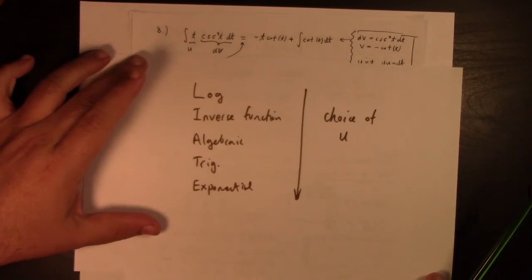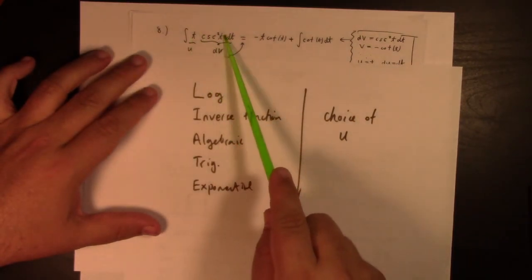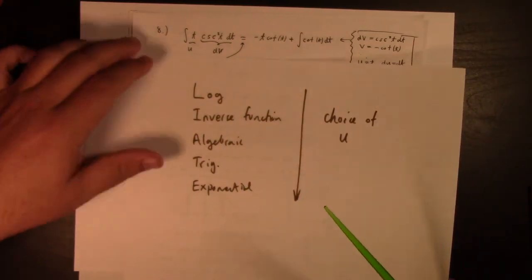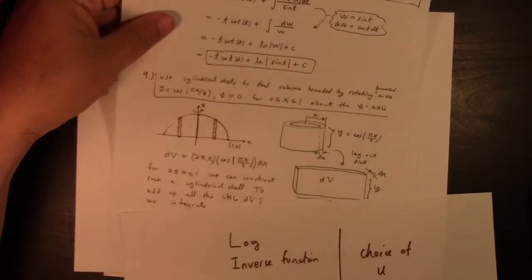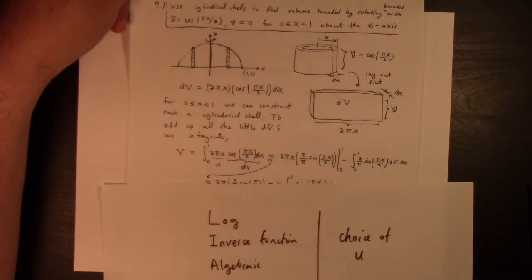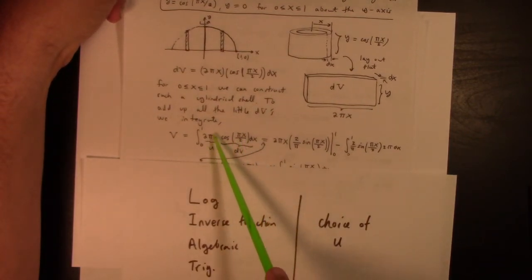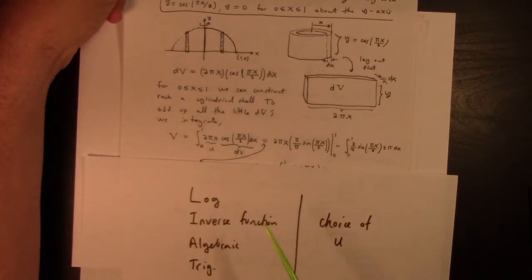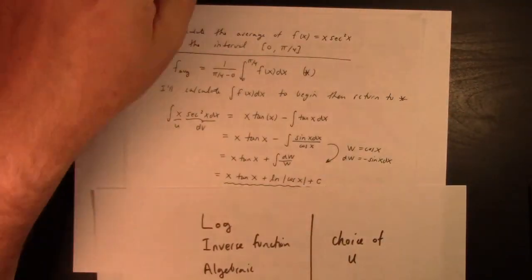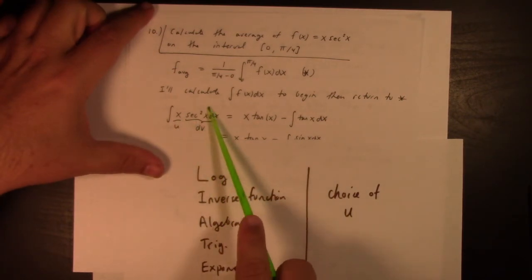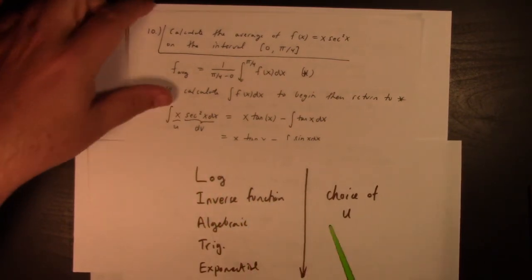You got your t, you got your cosecant squared. Algebraic comes before trigonometric, so u equal to t. Again, this is just a rule of thumb. This one, after we got through the setup, we've got x times cosine, and we made the 2 pi x our algebraic function. This one was x secant squared x. Again, we had an x times something we know how to integrate, so we made u equal to x.